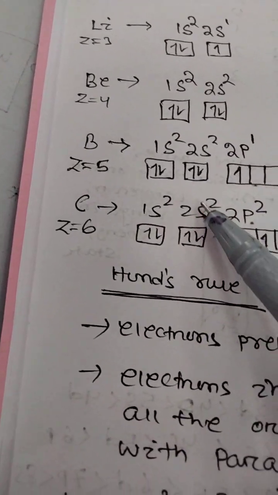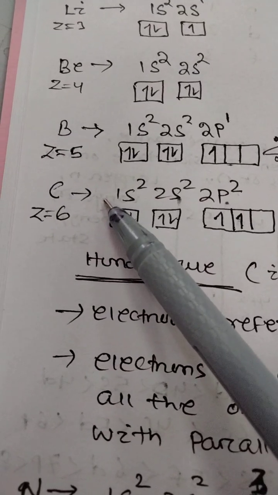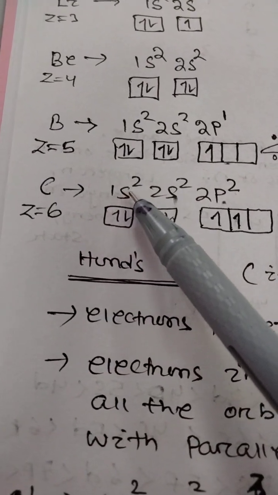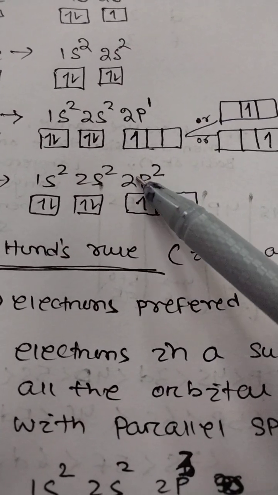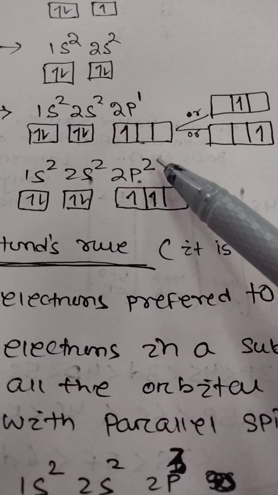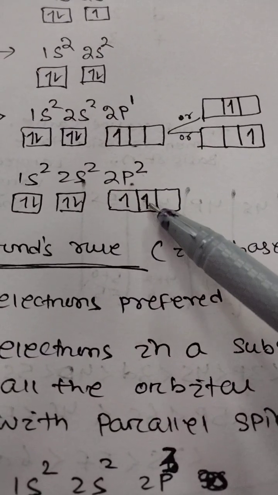But when we go to the carbon atom, with atomic number 6, its valence shell is 2p2, meaning two electrons are arranged in px, py, pz.